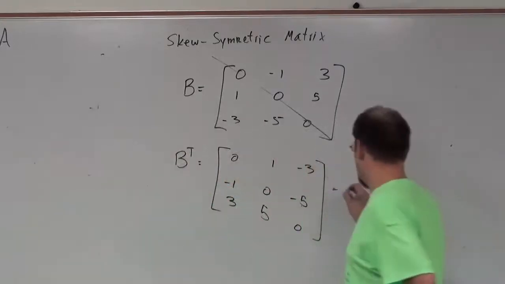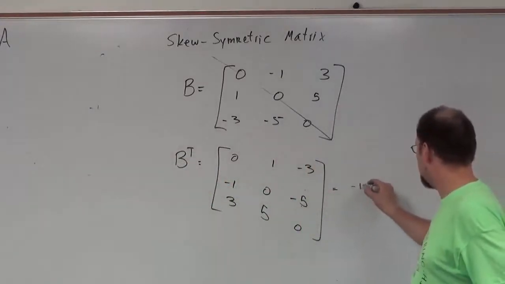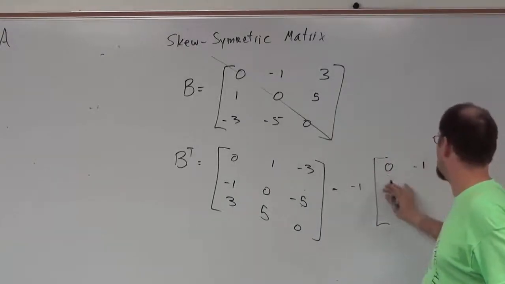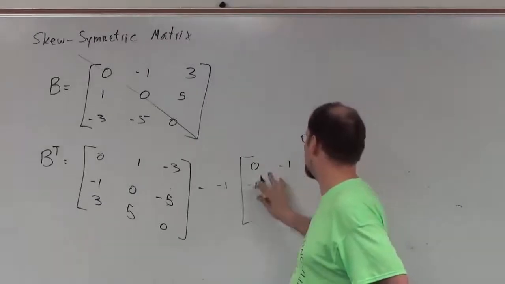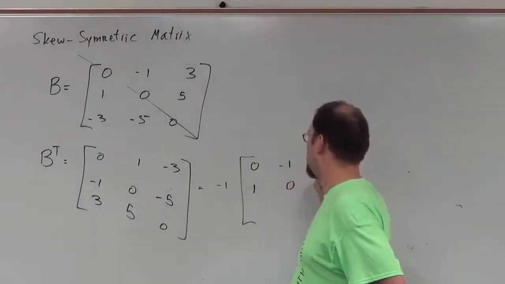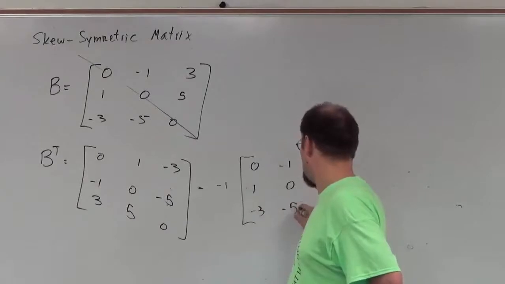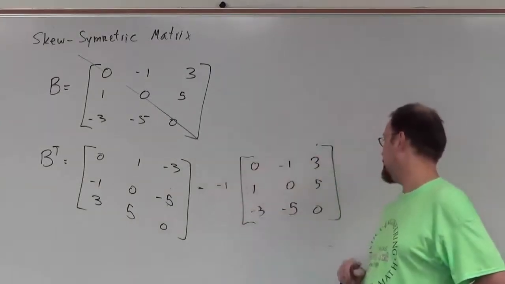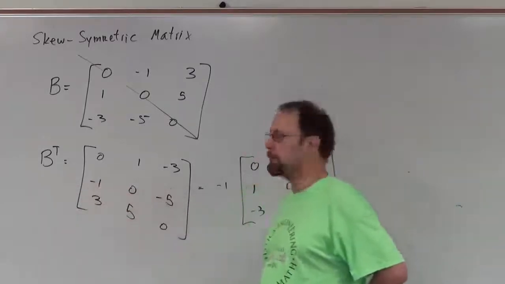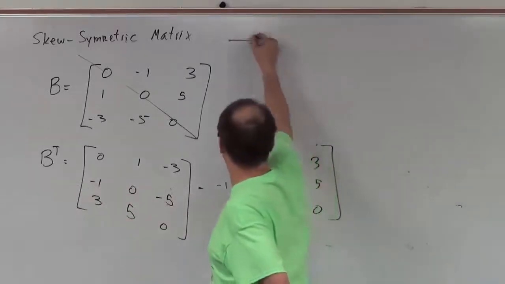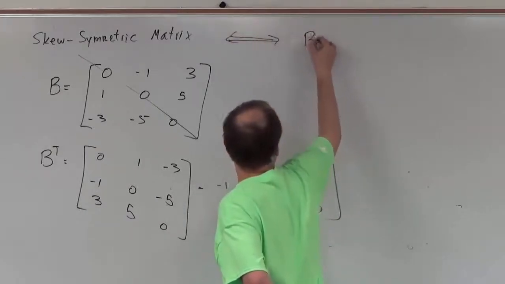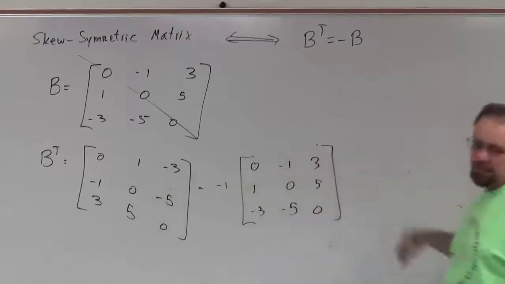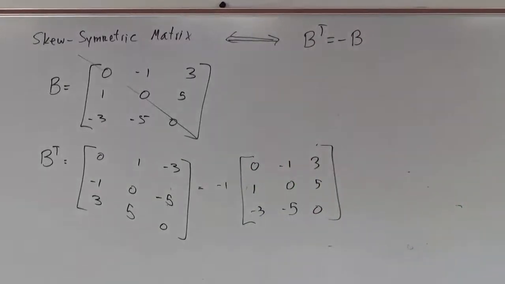We note that B transpose is -1 times B. So if I start with B and multiply everything by -1, I would get B transpose. That's the defining property of a skew symmetric matrix: the transpose of it is equal to the negative of the original matrix.